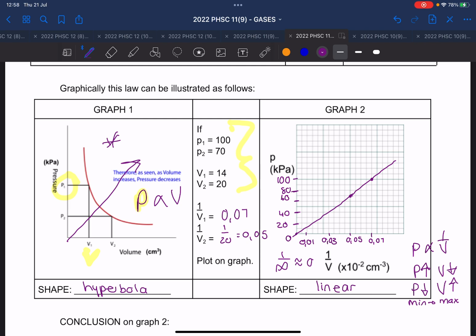But since this graph wasn't a linear graph, we tried this one to see maybe they're inversely proportional. And then we saw that a straight line was formed, and that means that they are inversely proportional to each other.